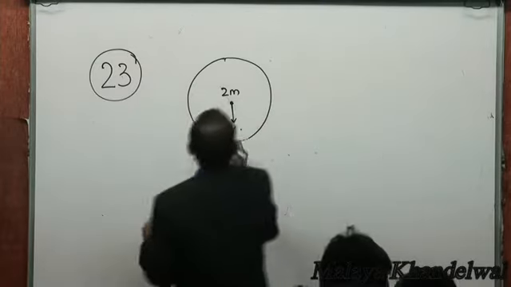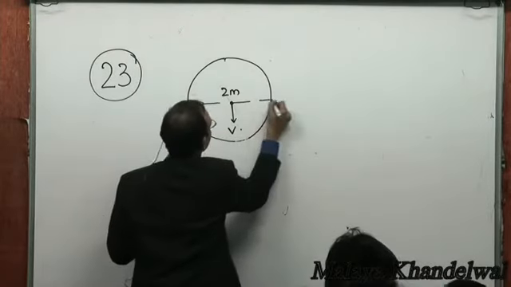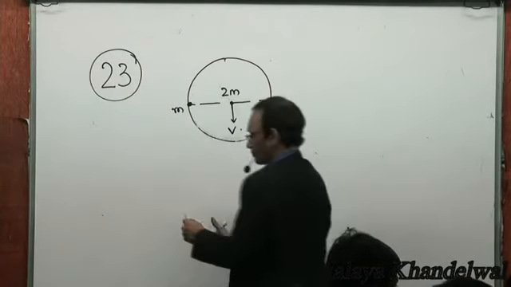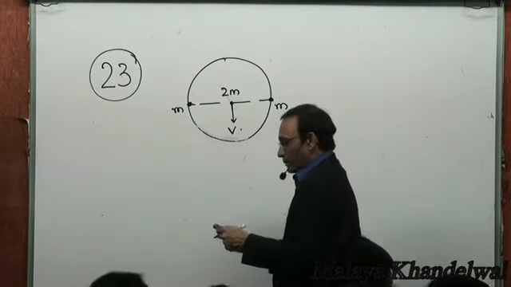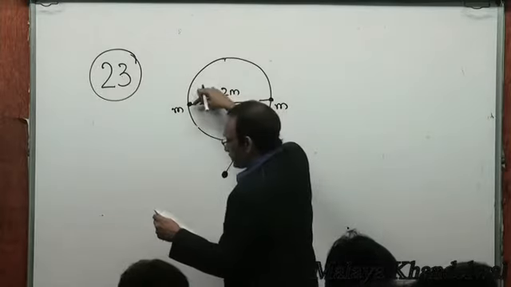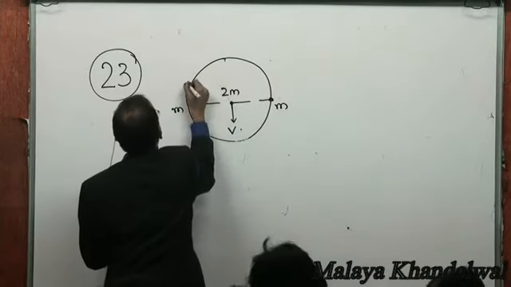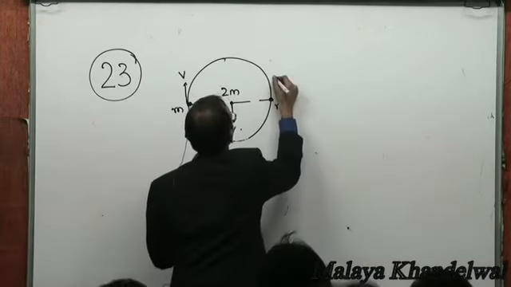Two particles of mass small m each are placed at diametric positions. These two particles are placed at diametric positions and are imparted velocity v each.